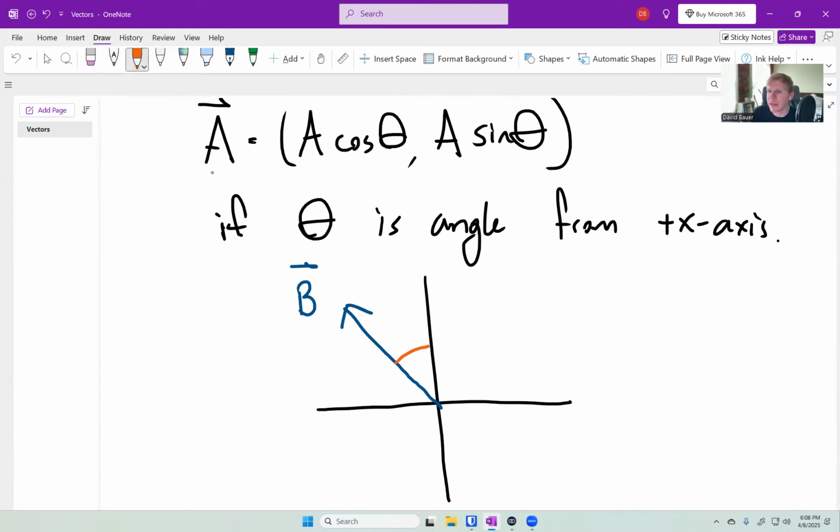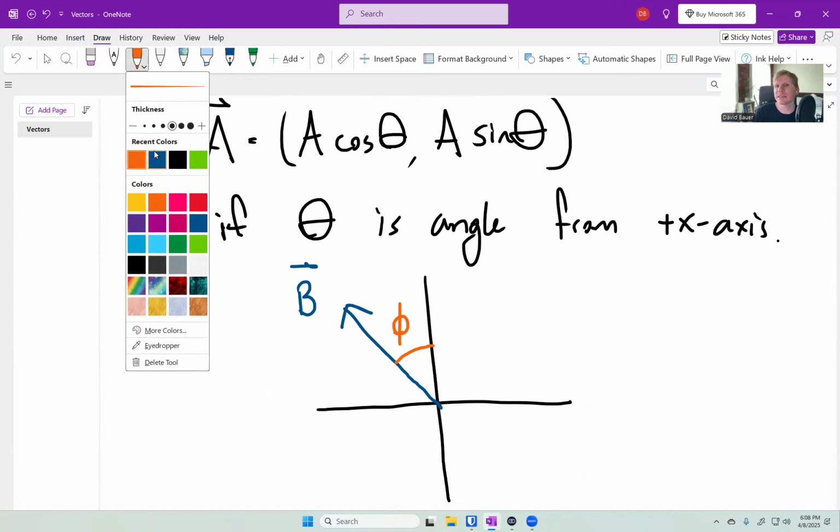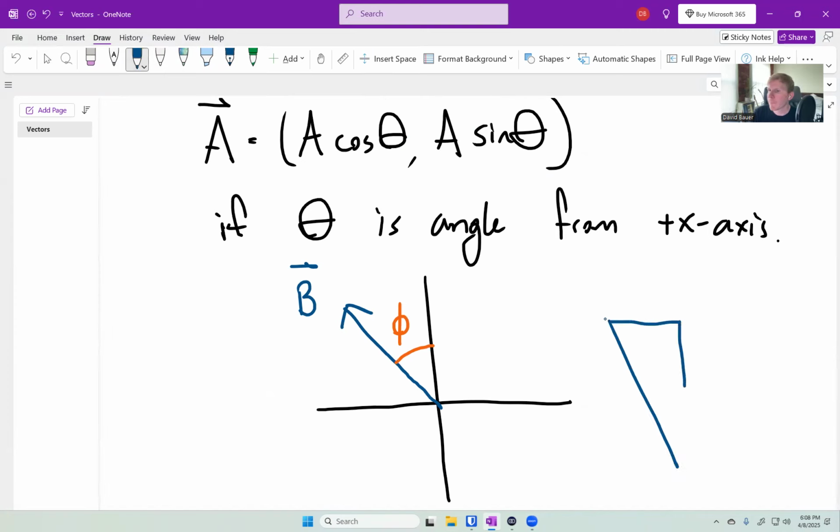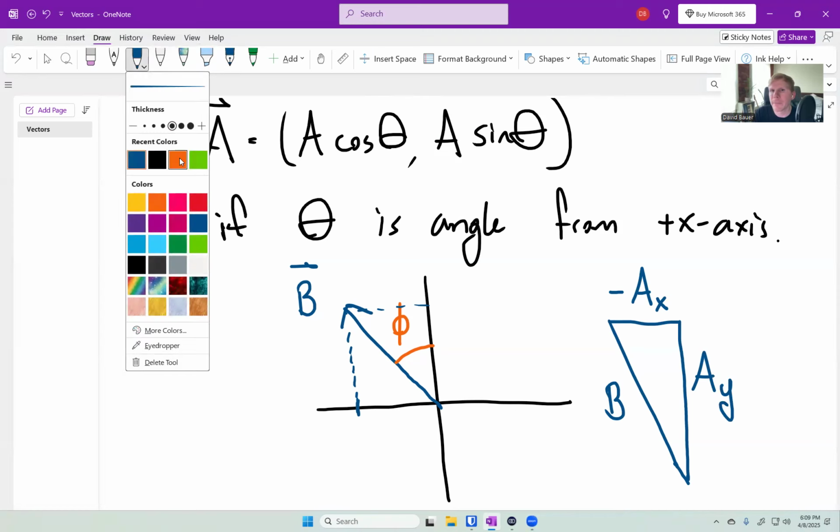And suppose I had this angle here, call it phi, from the positive y-axis. Okay, now my triangle is going to look like this. So the magnitude is still the hypotenuse, but now my opposite side here is minus b sub x, minus because the x component of b is negative, and the adjacent side is b sub y.